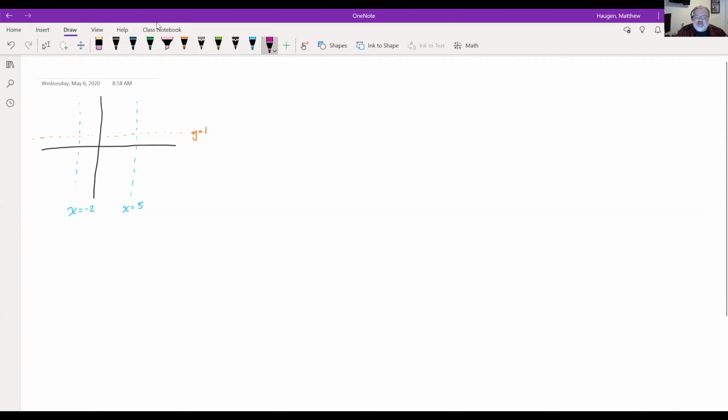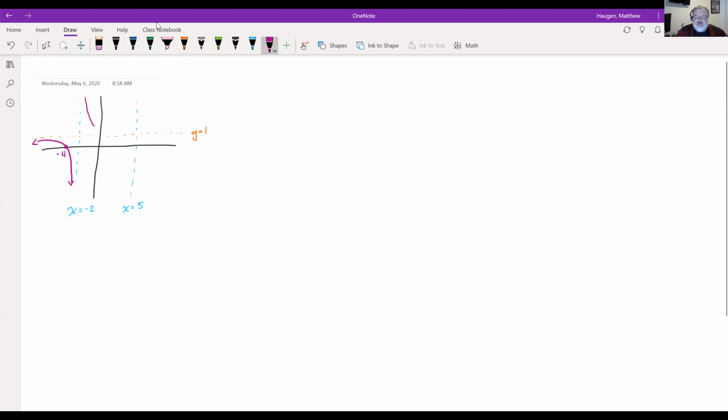And then when we look at the actual graph, it's got an x-intercept at -4. So that's happening at -4.